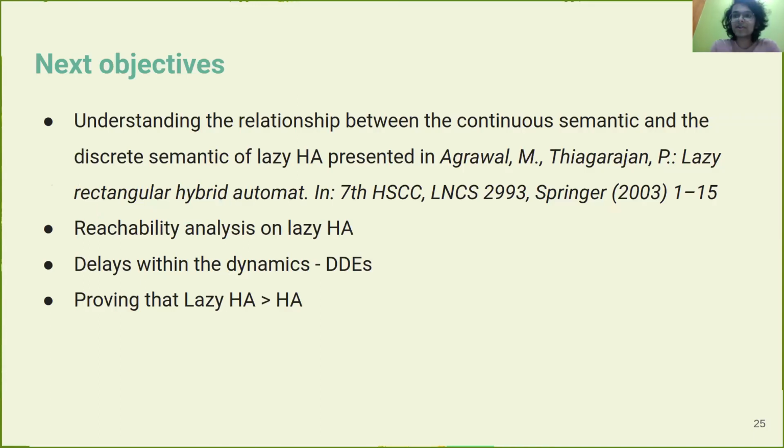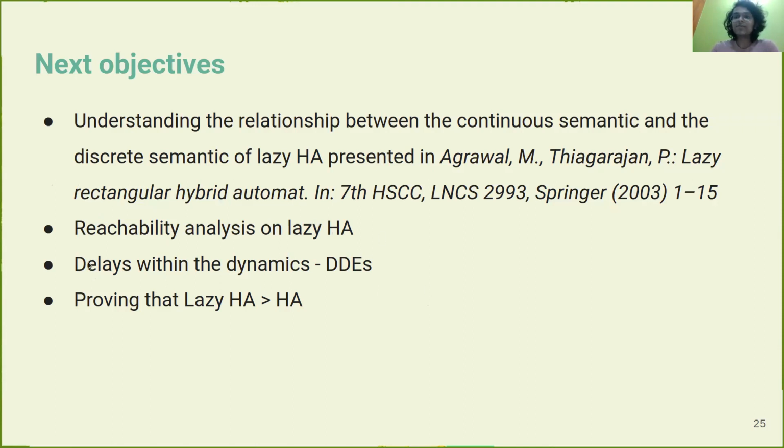And some of the future directions for work and ideas that I have would be to firstly perhaps introduce delays within the dynamics as well.